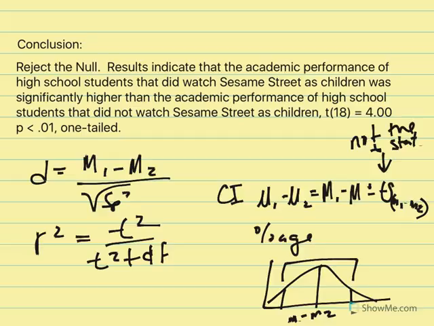In this case, sample 1 represents population 1, which are those who watched Sesame Street as children, and sample 2 is representative of population 2, the population of children that did not watch Sesame Street. And we're comparing their academic performance to see if there's a difference based on this quasi-independent variable of watching Sesame Street as children versus not watching Sesame Street as children.